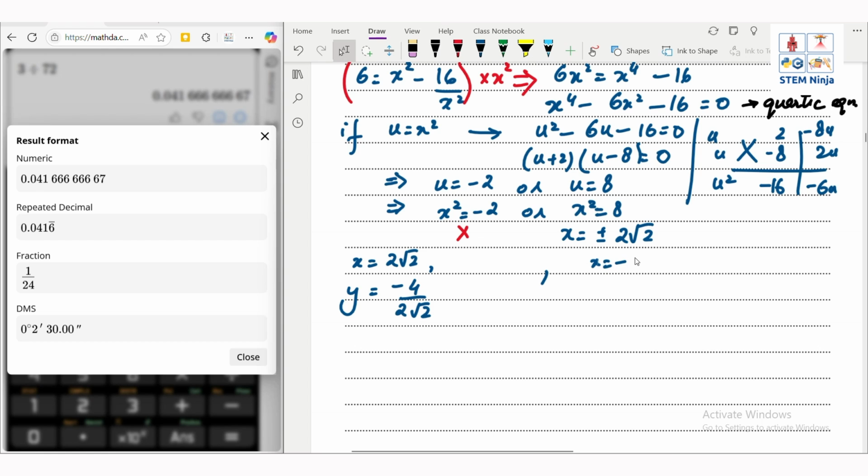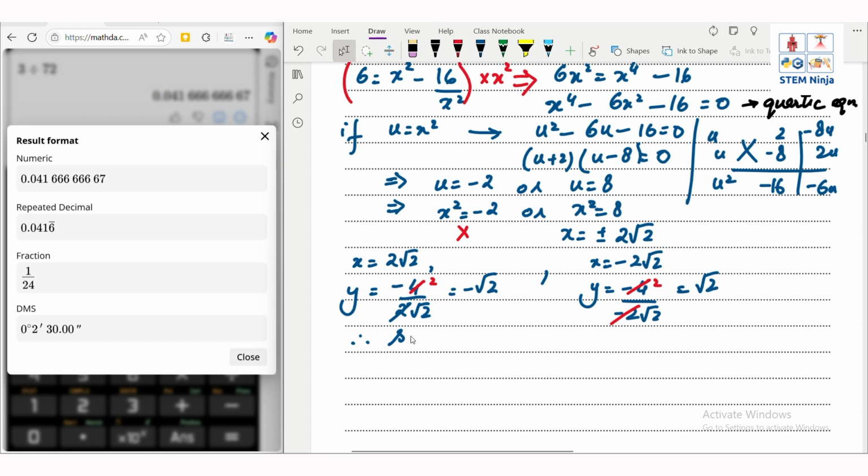When x is minus 2 square root 2, y would be minus 4 over minus 2 square root 2. So in both cases, 2 divided by square root 2 is just minus square root 2, and 2 divided by square root 2 is just 2 square root 2.